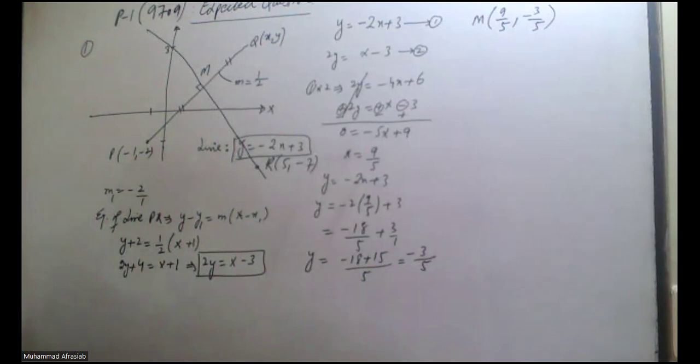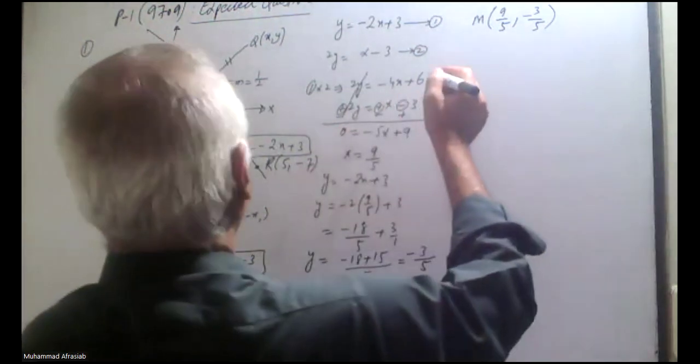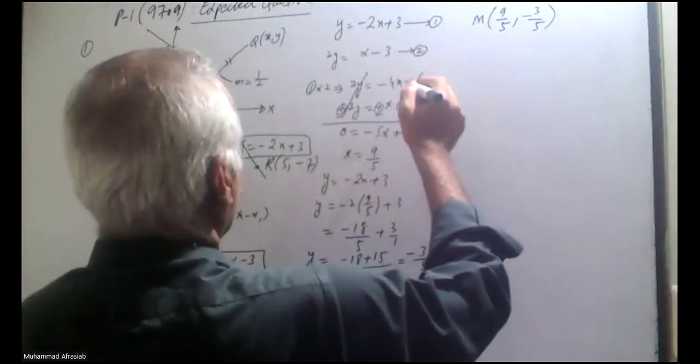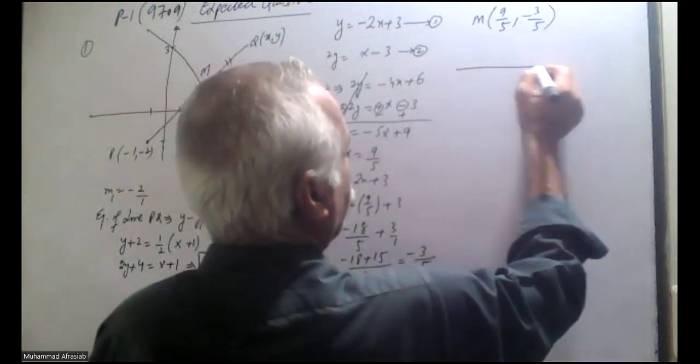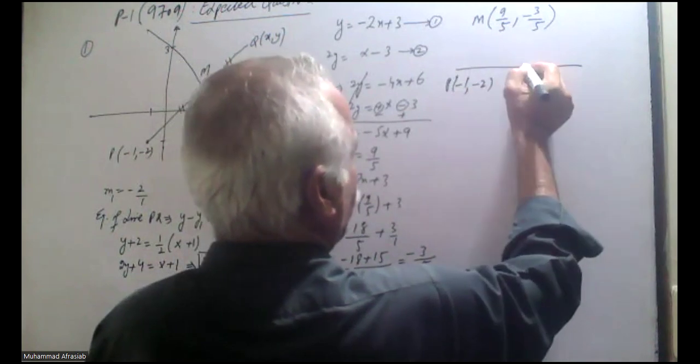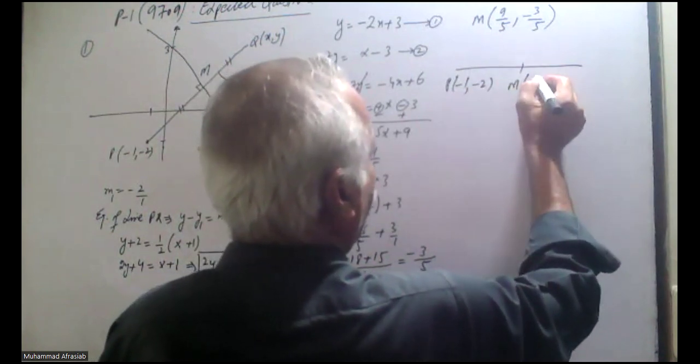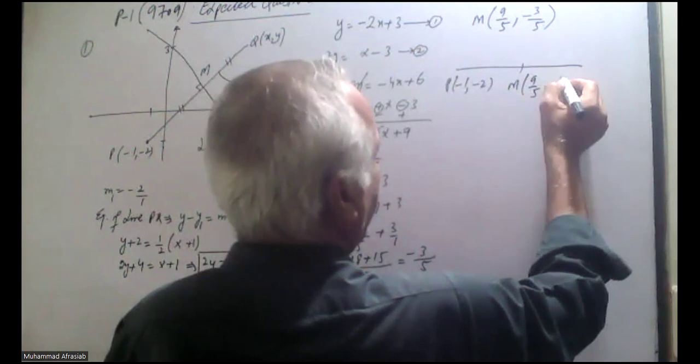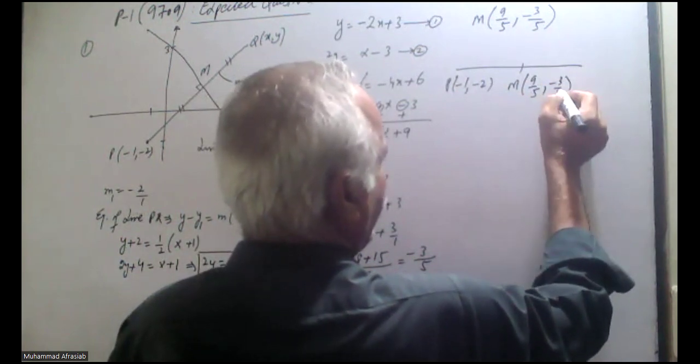Since M is the midpoint of the line PQ, we can write this: this is the P point, which is (-1, -2). This is the M coordinate, which we got as (9/5, -3/5).